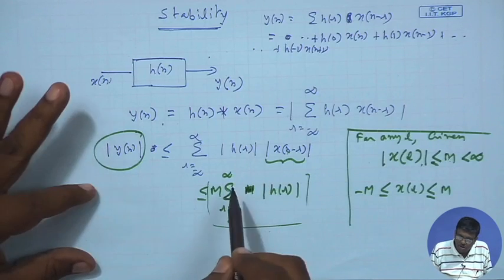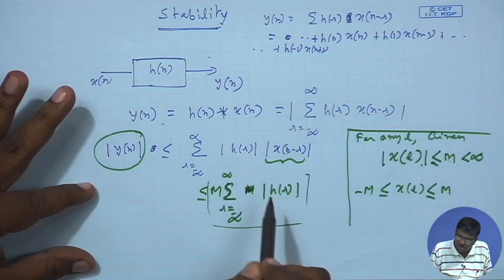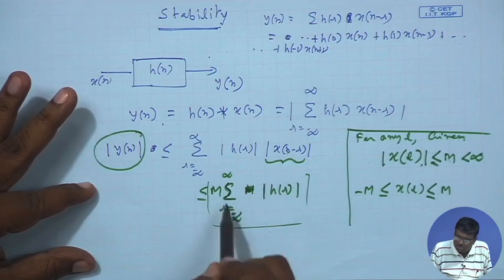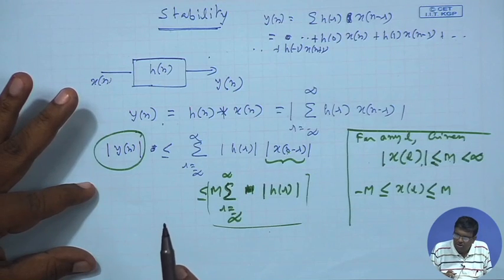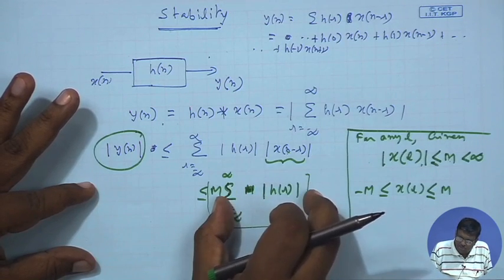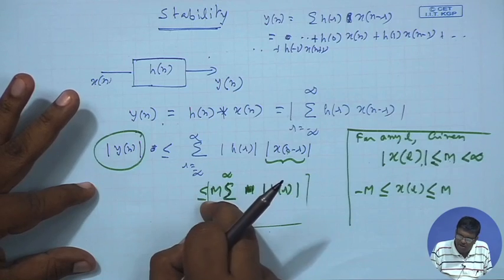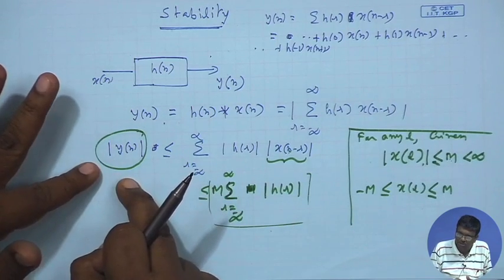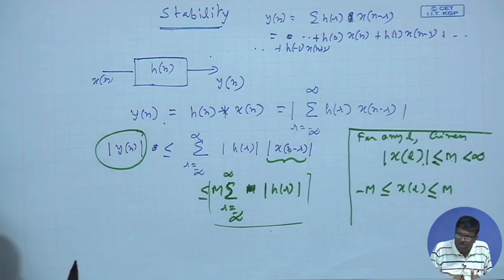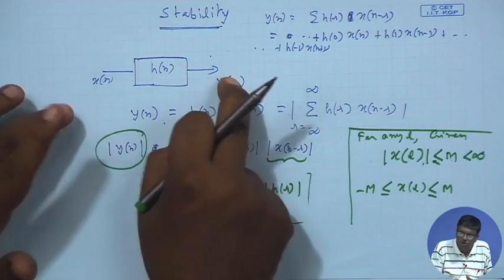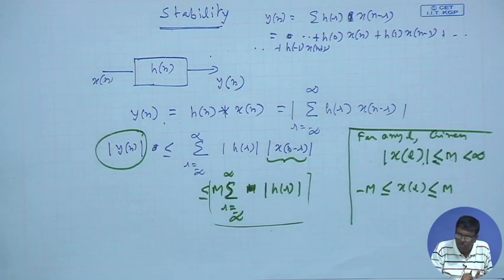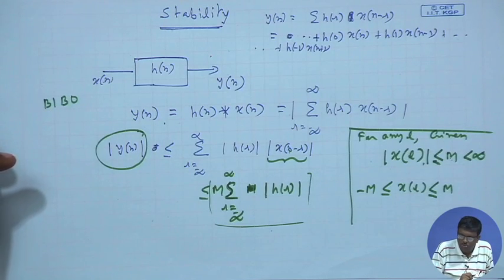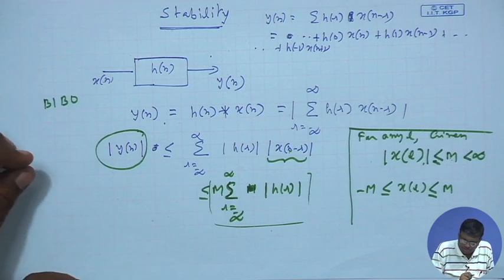If I somehow make sure that this summation of non-negative numbers, because it is mod, does not shoot up to infinity, then finite into finite, left hand side less than or equal to finite, means left hand side is finite. Then I will call the system stable: bounded input, bounded output, BIBO stable. All right.